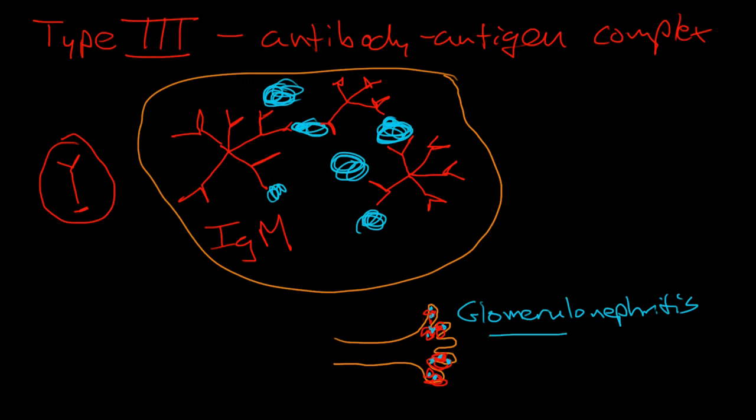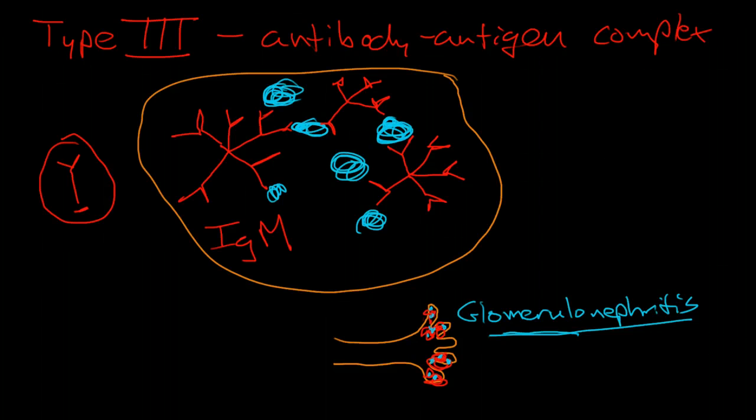Okay, so we can have an allergic glomerulonephritis, or we can have a glomerulonephritis that's actually caused by infection, like a streptococcus infection. But the allergic glomerulonephritis would be a type 3 reaction.